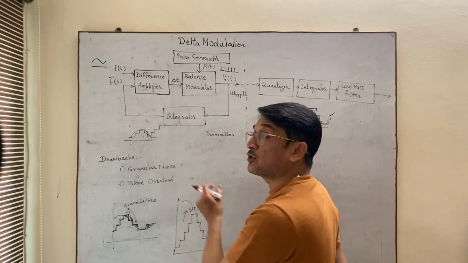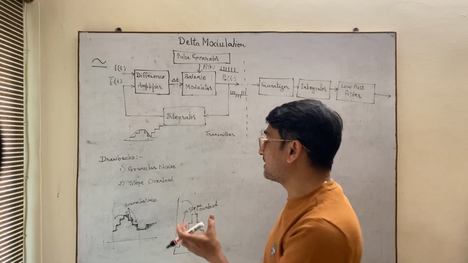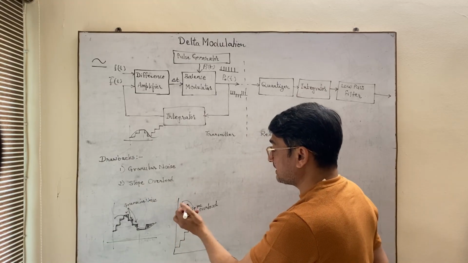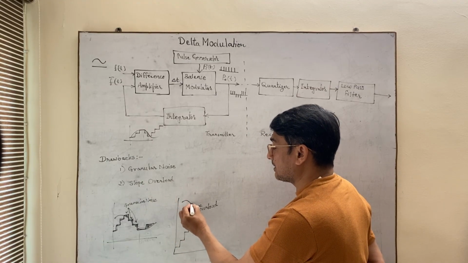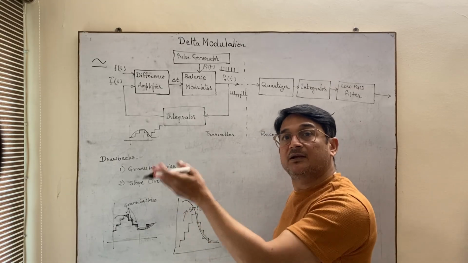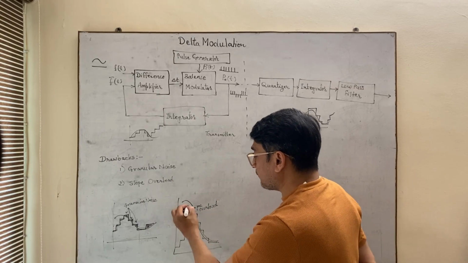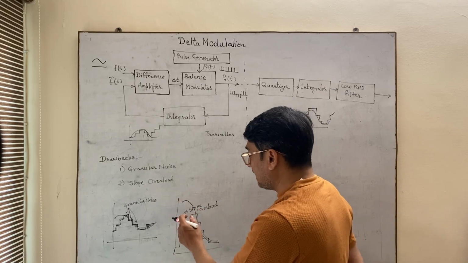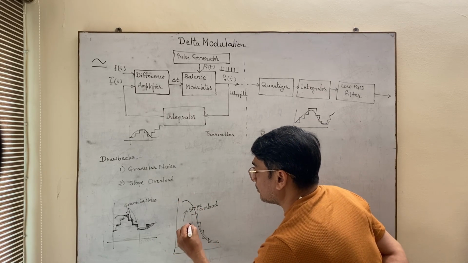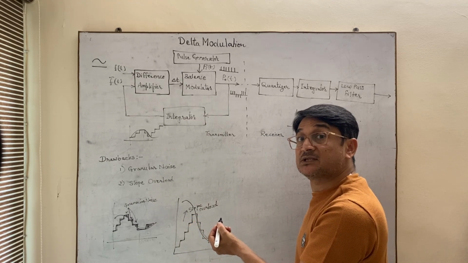The second type of problem which we face in delta modulation is slope overload. Suppose this is the modulating signal. This signal has more slope. So when the steps follow this signal, because of the uniformity of step size, it will follow the signal something like this.